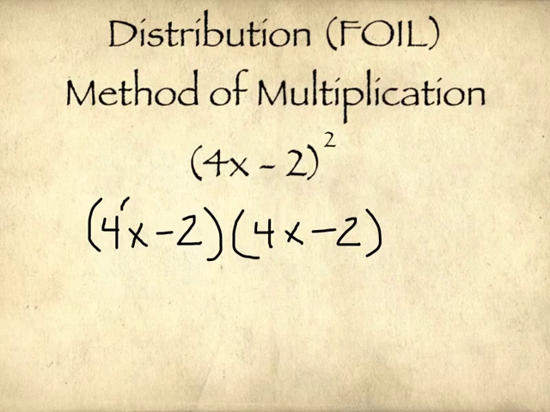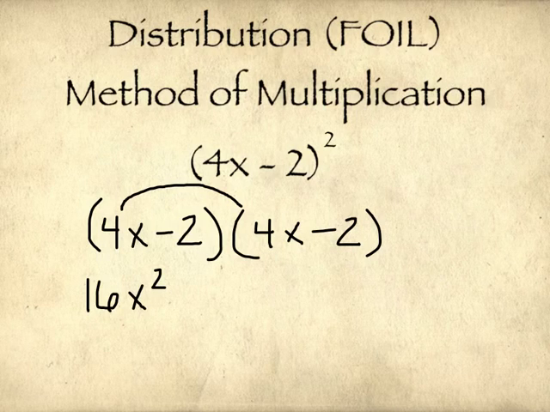F stands for first, so we will multiply together our first terms. 4x times 4x gives us 16x squared. The O in FOIL stands for outer, so we will then multiply together our outer terms. 4x times negative 2 will be negative 8x.